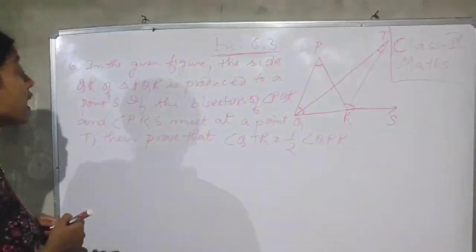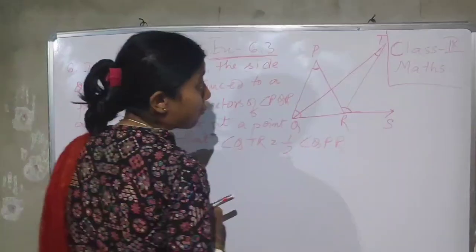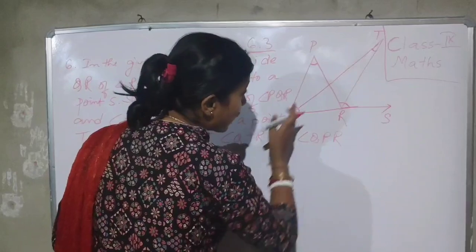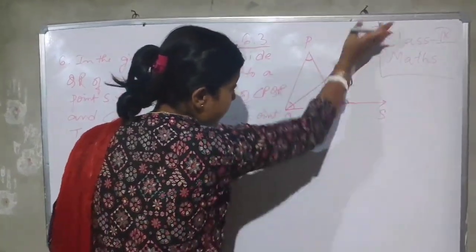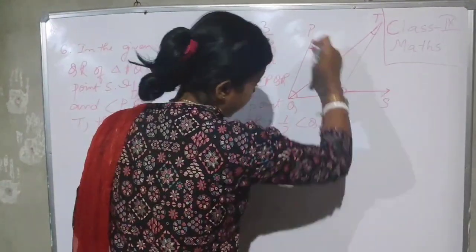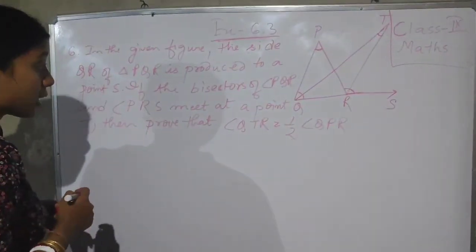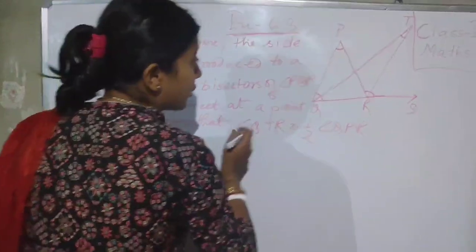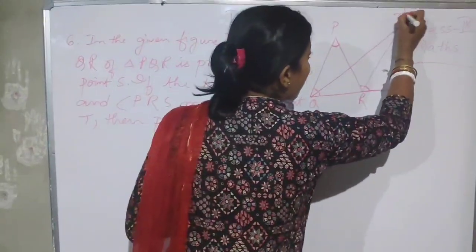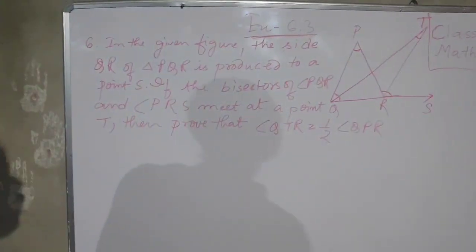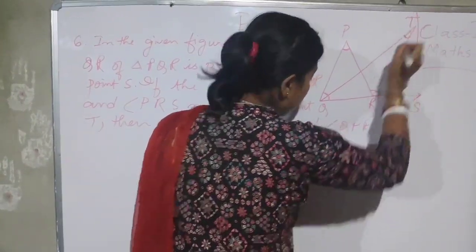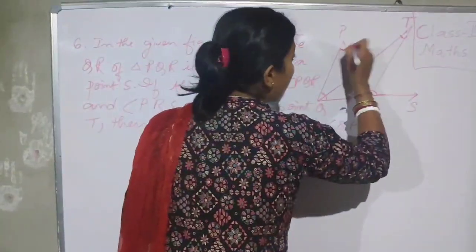If the bisector of angle PQR and the bisector of angle PRS, this one and this other one, meet at a point T, you are to prove that angle QTR will be half of angle QPR.